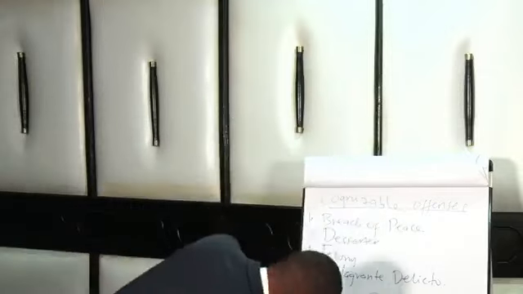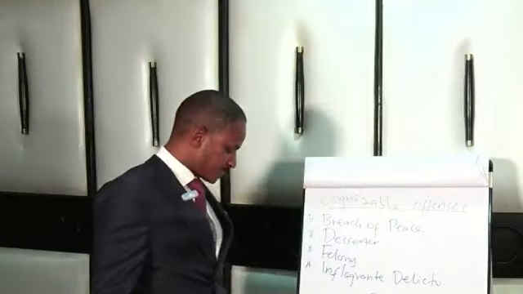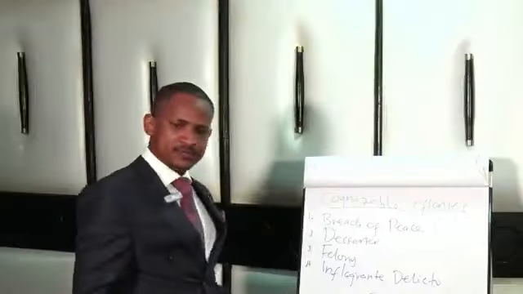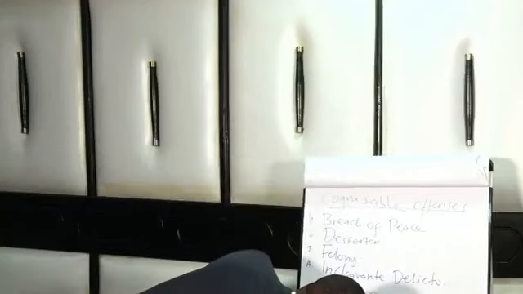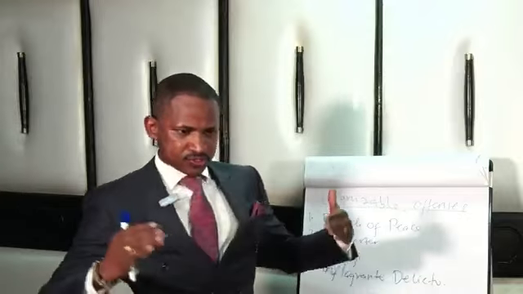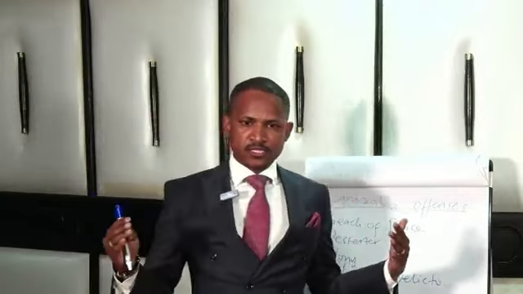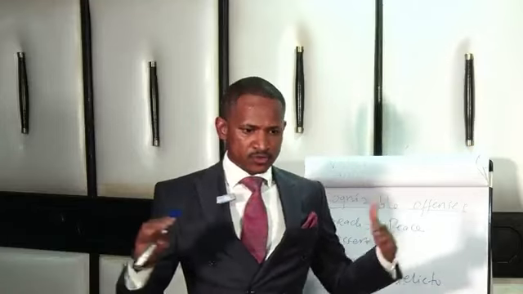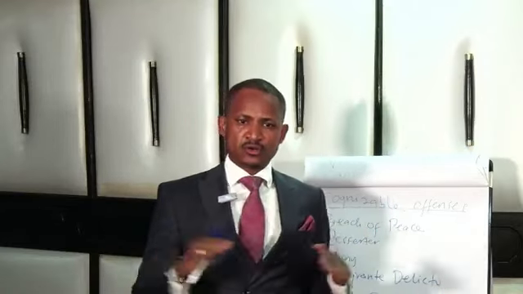Number 3, there must be 8 fillers present to conduct the ID parade. What do I mean by 8 fillers? 8 fillers must be present. Fillers are those individuals that the police will look for, normally those with the same physical features.